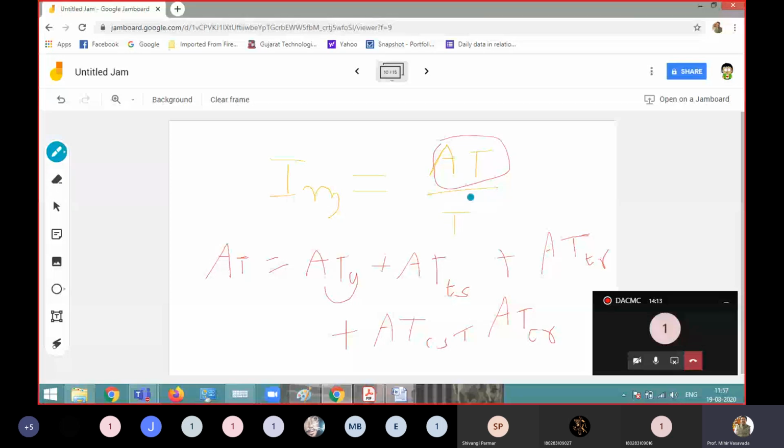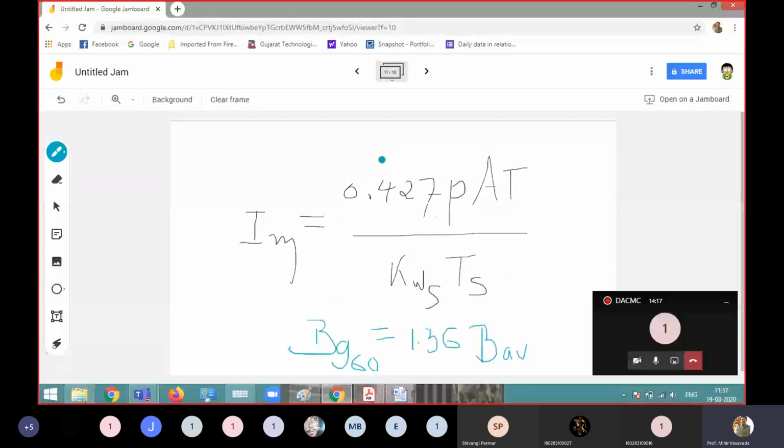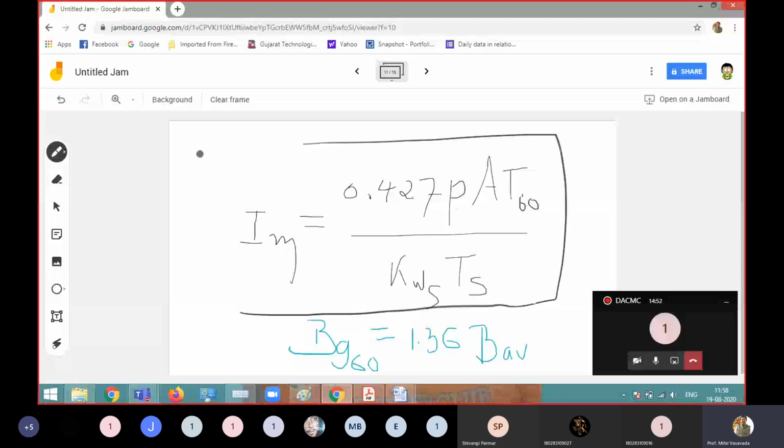But the exact equation you learned in your ED subject is this, and you have to use it directly: magnetizing current equals 0.427 times P, the number of poles, times AT60, the total ampere turn we calculate, divided by Kws, the stator winding factor, into the number of turns for stator, Ts. Clear? You have to remember this equation to calculate the magnitude of the magnetizing current.